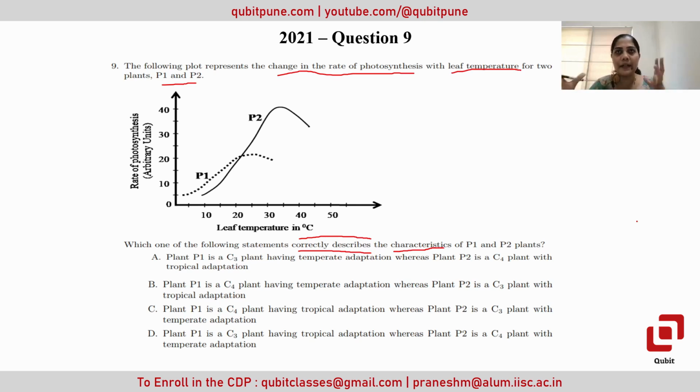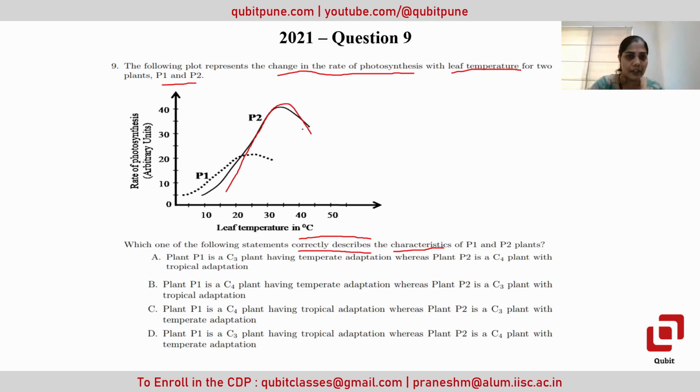However, there is the differentiation between the mesophyll tissue and the vascular bundle sheath that we have discussed. The C4 plants' characteristic is that they grow in high temperature zones. This is one main characteristic. So if we talk about leaf temperature, if we see the curve, it is at a higher level, and the rate of photosynthesis is very high in the case of C4 plants.